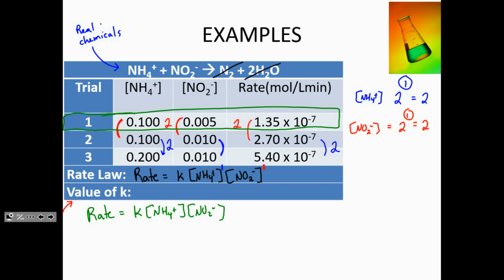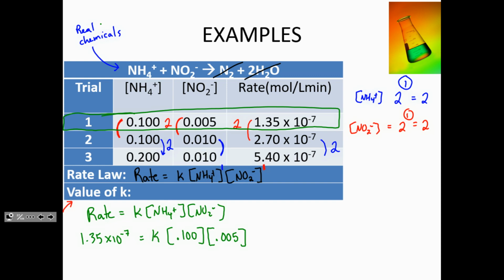So the rate is 1.35 times 10 to the negative 7th equals, I'm solving for the value of K, so I'm going to leave that as my variable, 0.100 is the molarity, the concentration of ammonium, times 0.005 for the concentration of nitrite.